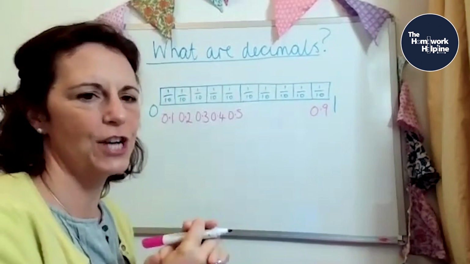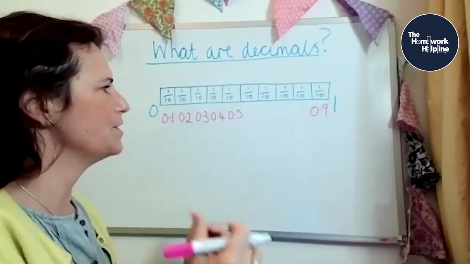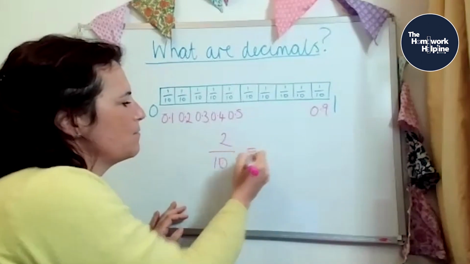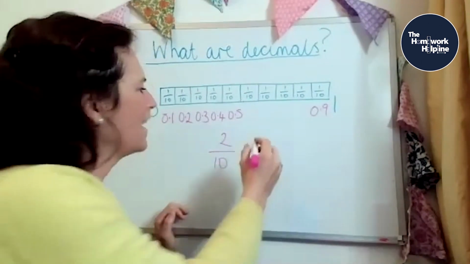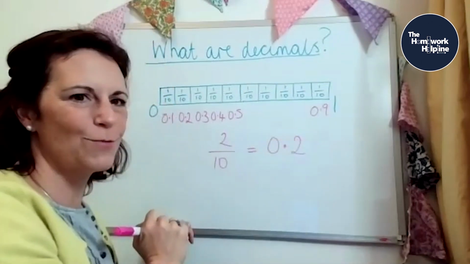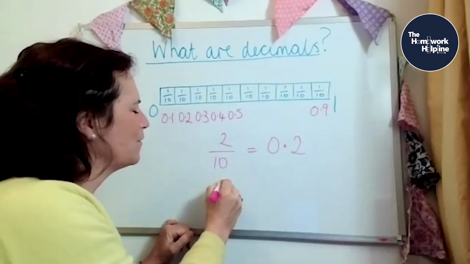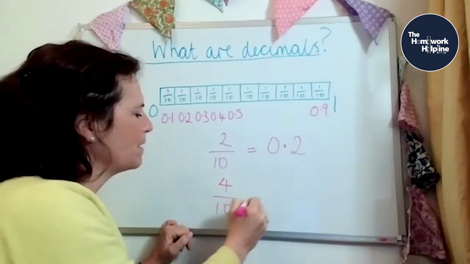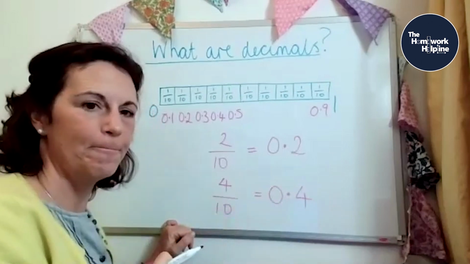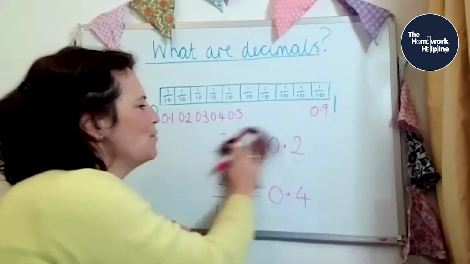So let's do some converting. Let's see if we can change fractions into decimals. So 2/10 can be written as 0.2. Good, well done. And 4/10 can be written as 0.4. Let's do a couple more.